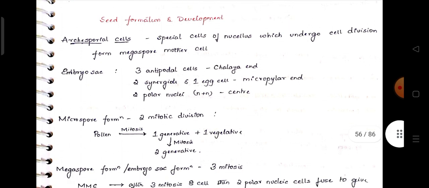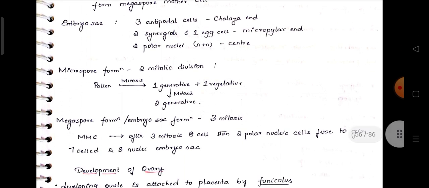Embryo sac has 3 antipodal cells at the chalaza, and 2 synergids and 1 egg at the micropylar end, and 2 polar nuclei at the center which will have n plus n ploidy level. Microspore formation is with 2 mitotic divisions.